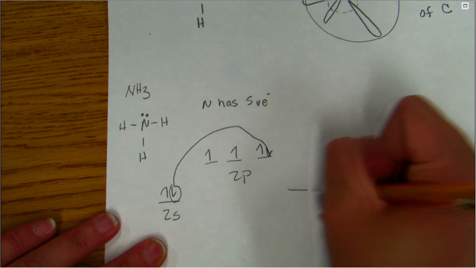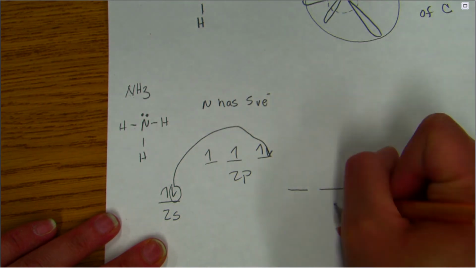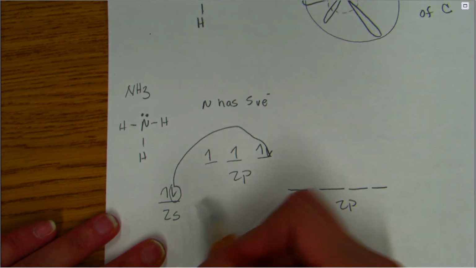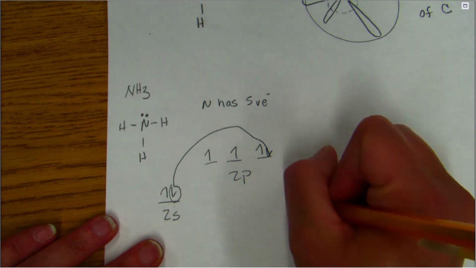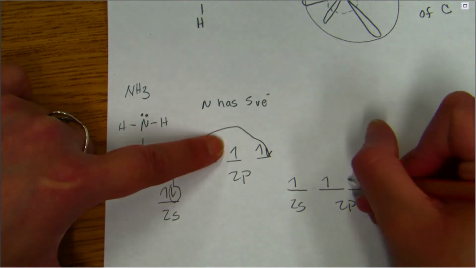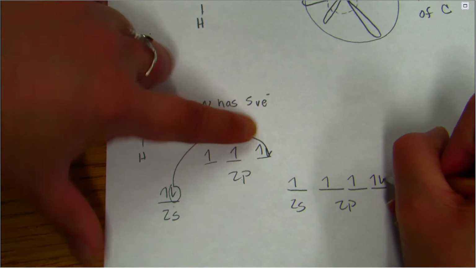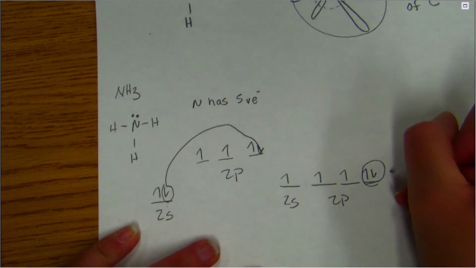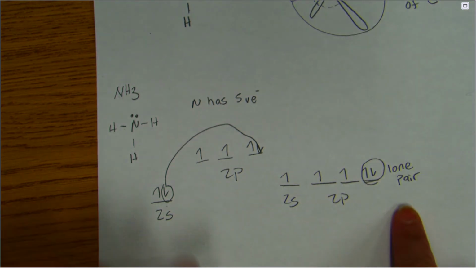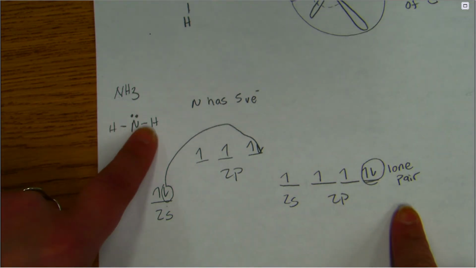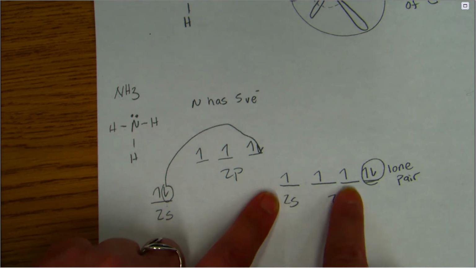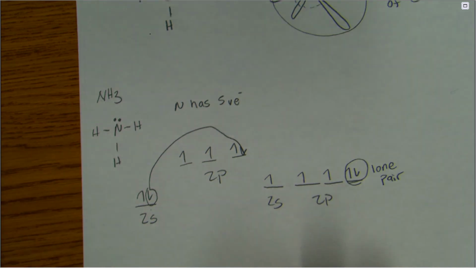And I end up with something that has an energy in the middle of both the 2s and the 2p. So not as high as the 2p, but not quite as low as the 2s. So I have one electron, one electron, one electron, and then these are our lone pair right here that we see on the nitrogen. All right. And then it has 3 spaces for hydrogen, a space for the 2s, the 2p, and another 2p. There are the 3 hydrogen bonds.